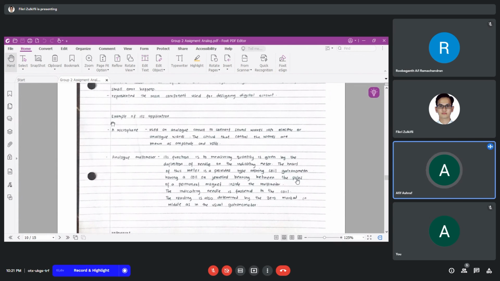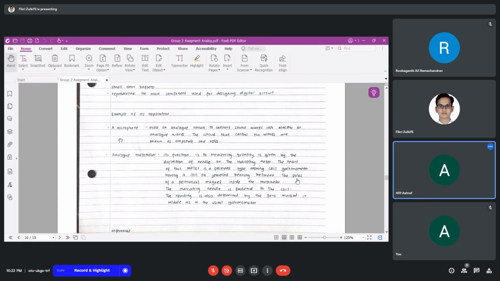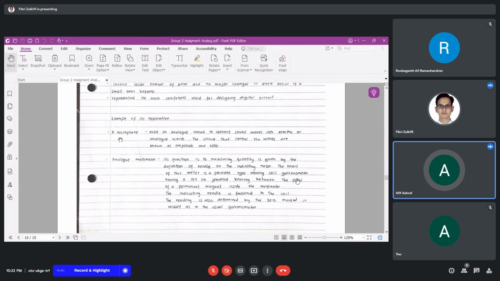Below is an example of each application that uses analog circuits, and one of them is a microphone. A microphone is used in an analog circuit to convert sound waves into electric or analog waves. The circuits that control the wave are known as amplitude and volt.